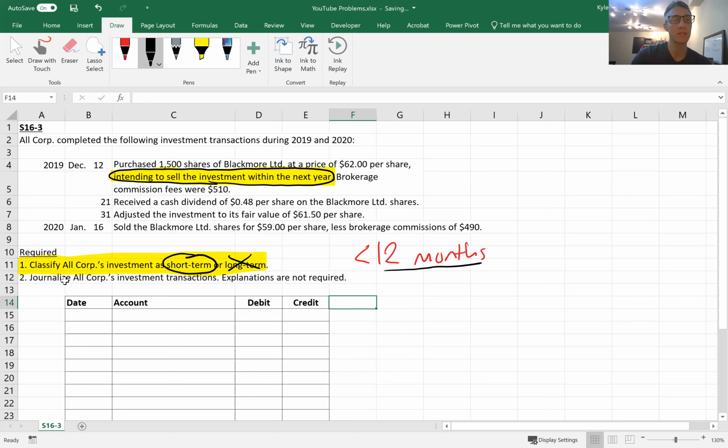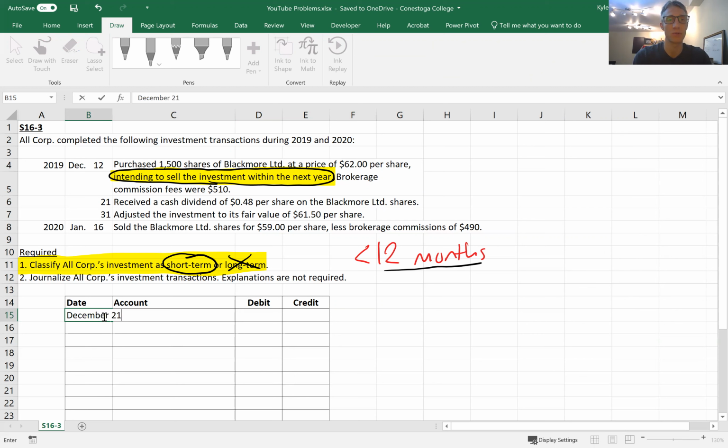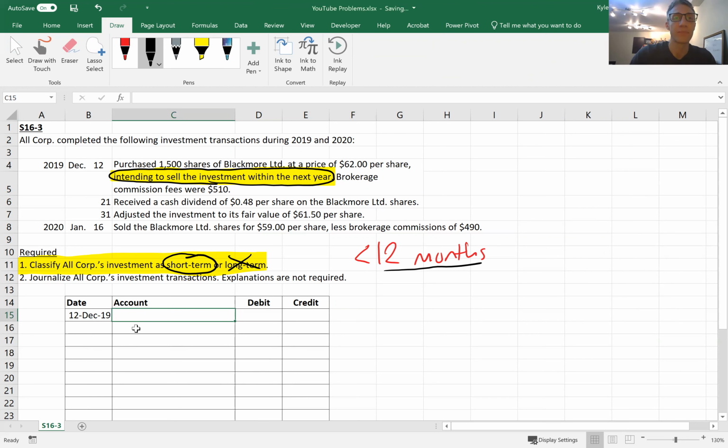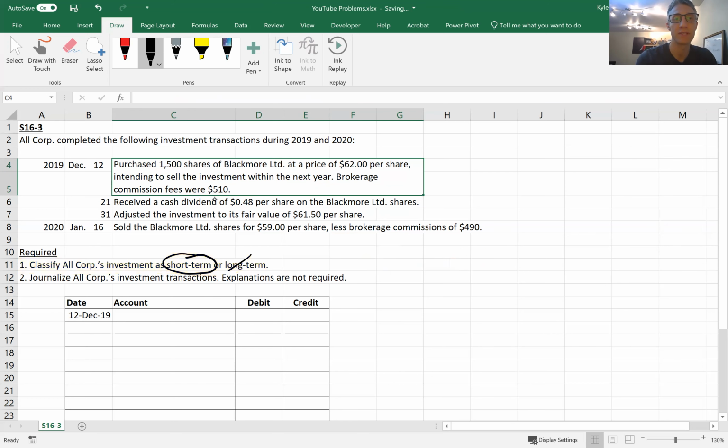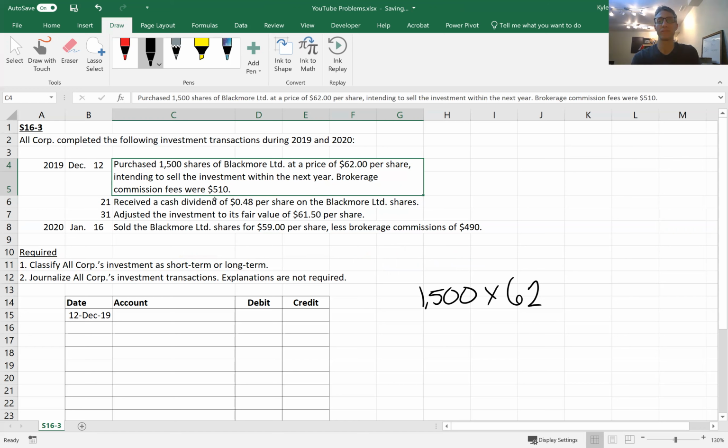And then requirement two is to do the journal entries for all of the transactions. So let me just put the date here for the very first one, December 12th, 2019. So what do we have? They purchased 1,500 shares at a price of $62 per share.